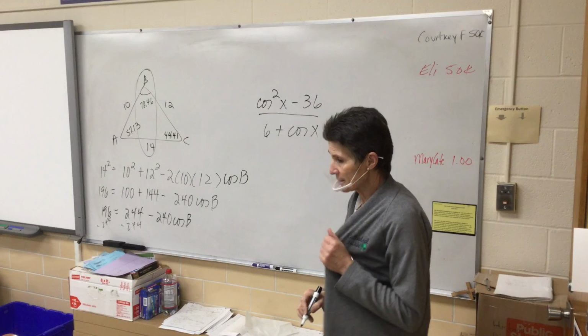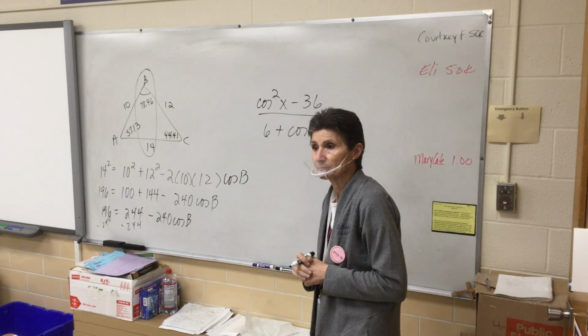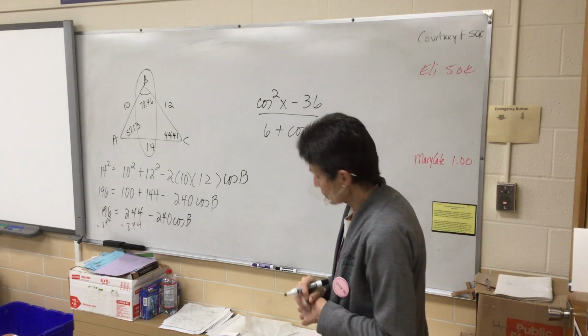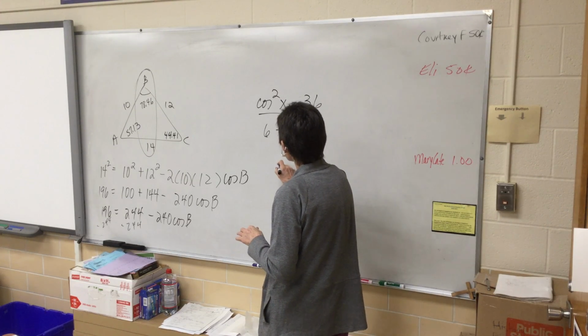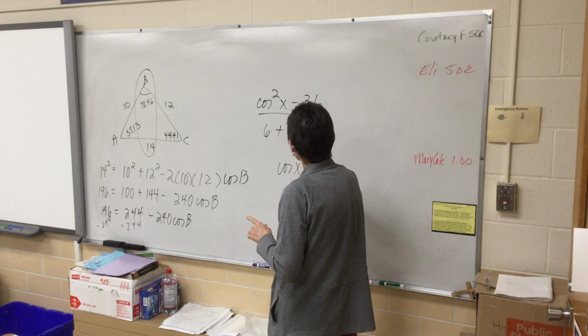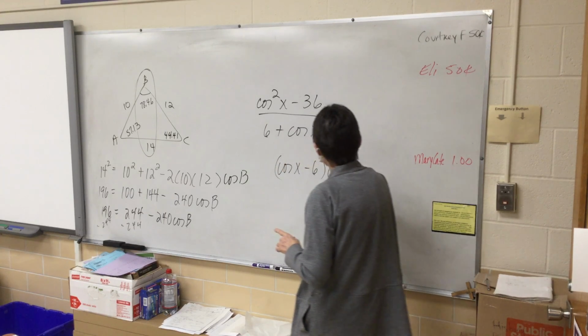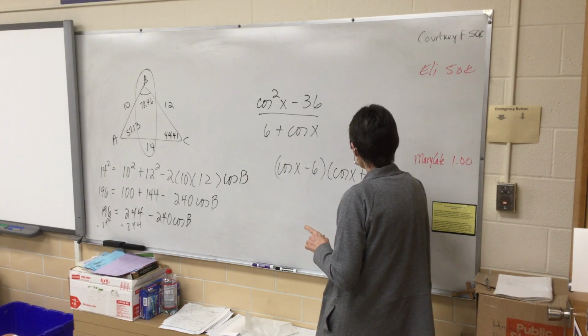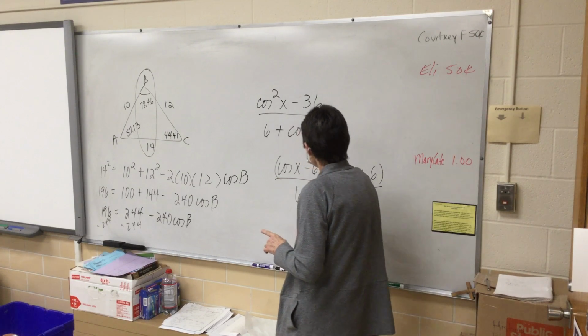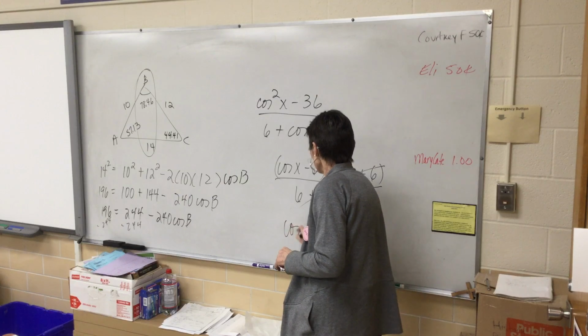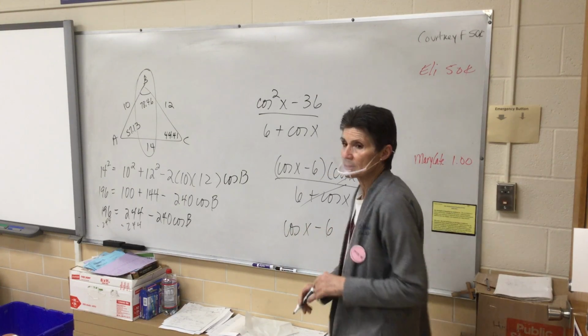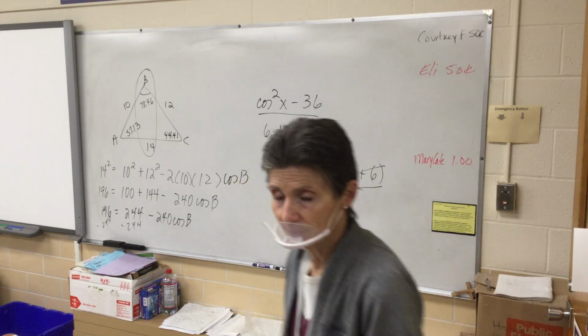What are we going to do to simplify this? Difference of squares on the top, so how will that factor? Cosine minus 6, cosine plus 6. Perfect. And then you can cancel cosine plus 6. And we have cosine minus 6, that's exactly right.